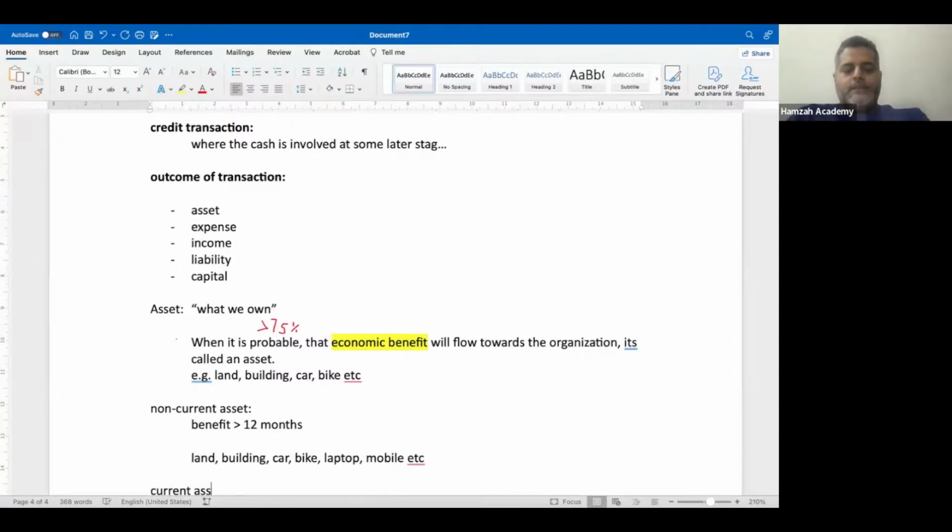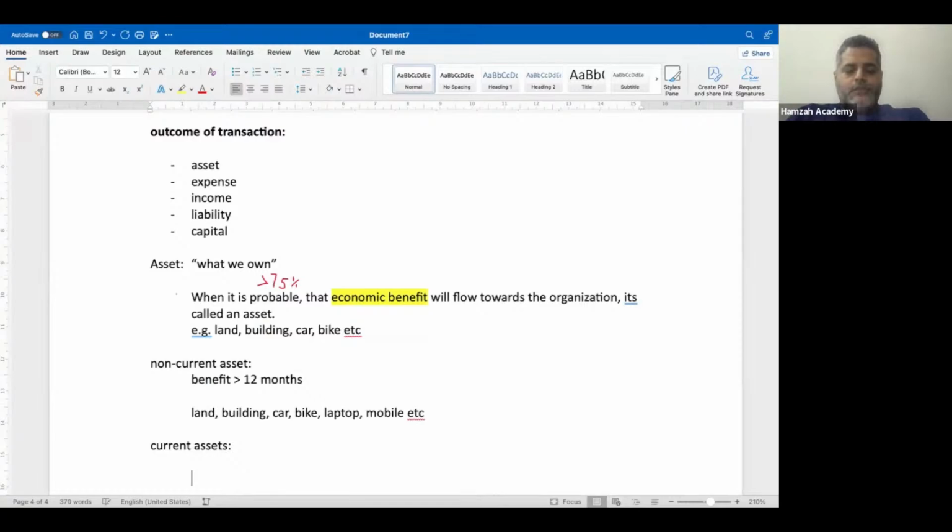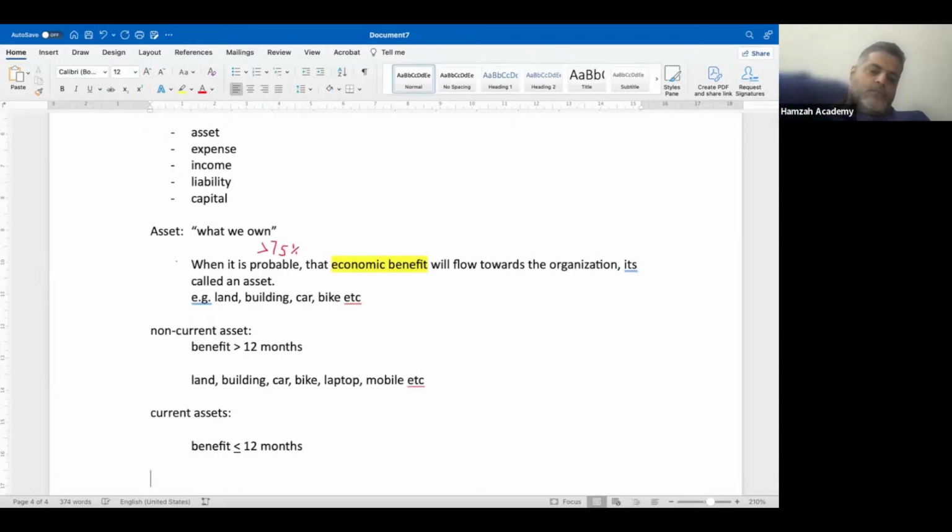Then the current assets are the assets whose benefit is for less than or equal to 12 months. Like, for example, we have cash, we have all the variable items, I mean, the clothes and etc. Right?